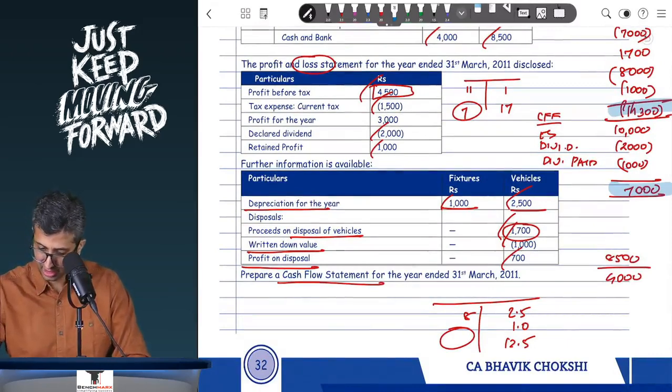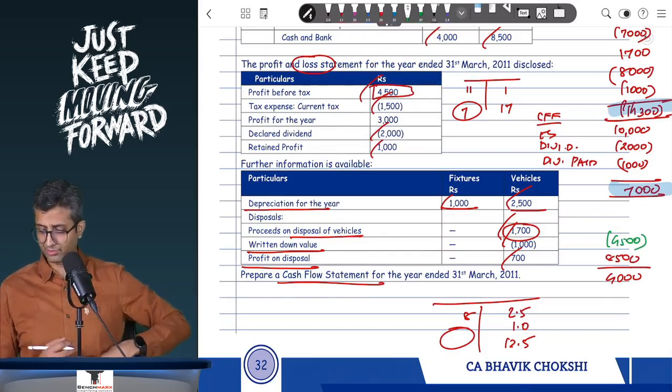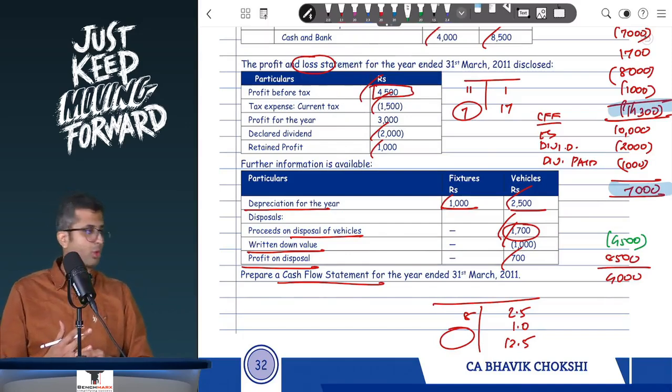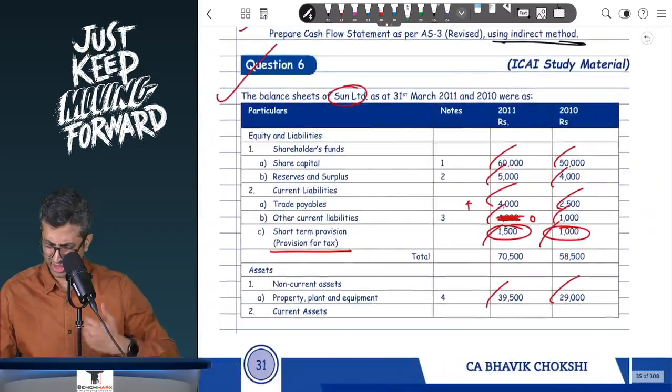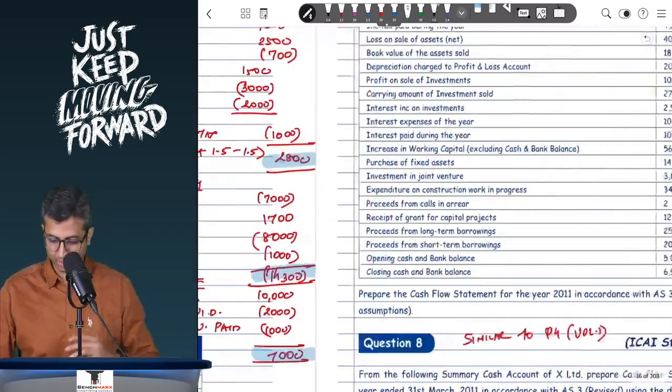Does it tally? Yes. इसका भी आपका board note होगा. You can refer that. 4,500 and opening 8,500 comes to 4,000. So this is how you will address these cash flow problems.